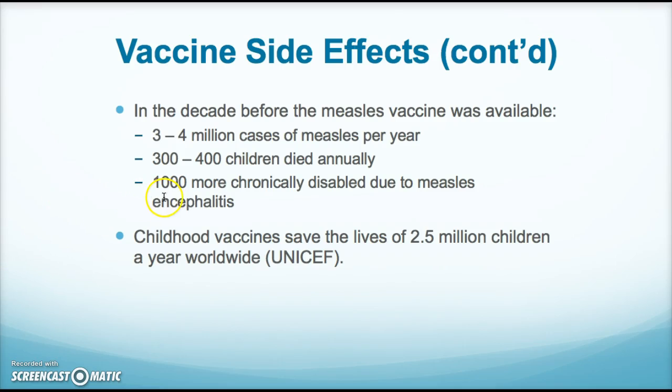And then over 1,000 of those infected out of that 3 to 4 million cases a year were chronically disabled due to measles encephalitis, which is a swelling of the brain. So what they've shown now is that childhood vaccines can save the lives of up to 2.5 million children a year worldwide. So it's very helpful, and one of the things that we've learned through microbiology to protect others.